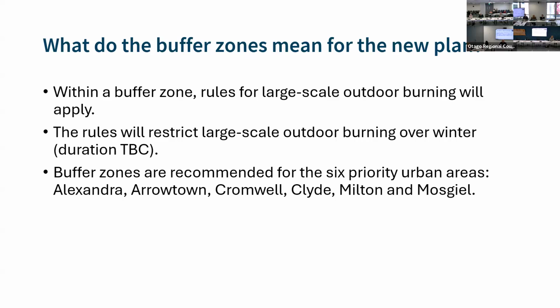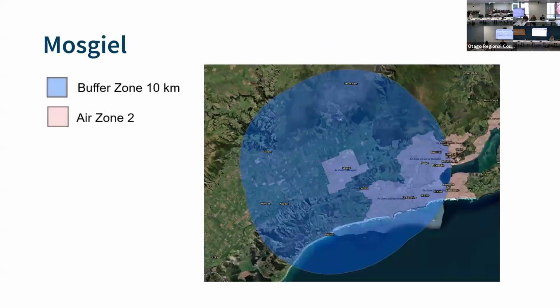That's just showing what that 10-kilometre buffer zone would look like if you didn't adjust it to take into account things like topography or land use type. So it's just a very simple start. So if you go on to the first one, which is Mosgiel, yeah, that's what 10 kilometres would look like around Mosgiel.